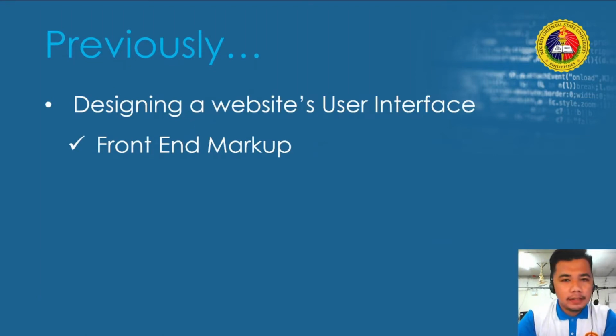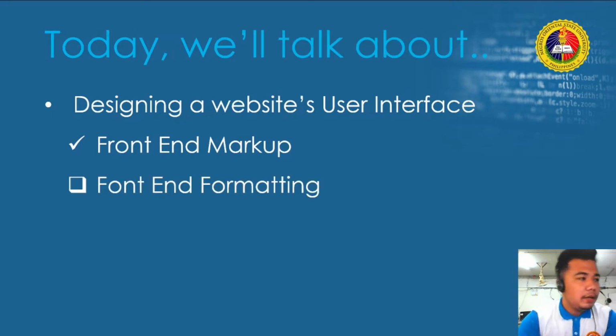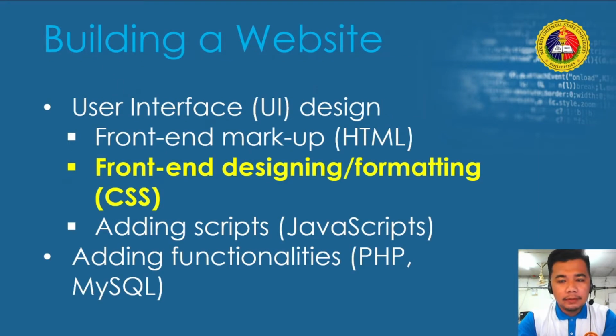Previously, we've discussed designing a website's user interface, and we've done a front-end markup design. And today we will continue with UI design, but this time we will be working with formatting or using CSS for designing our markup website. So just to review, this is going to be the procedure on how we are going to build our website in this course.